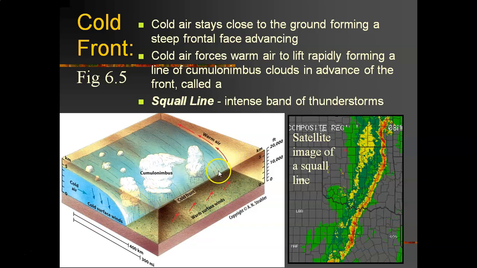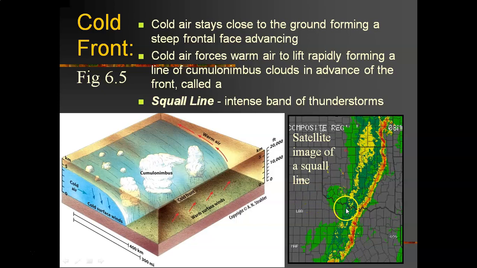Now, that line along the leading edge of the front where you get that warm air forced to rise pretty rapidly as the cold air is advancing, it's called a squall line. And it's often shown on weather maps, on weather radar. And you can always tell the strongest thunderstorms in the red or the purples. And so it's usually a pretty narrow line.